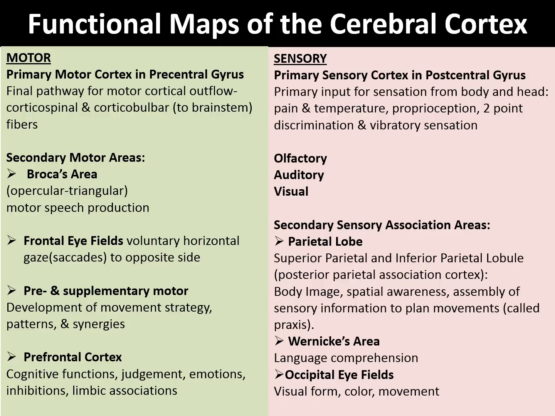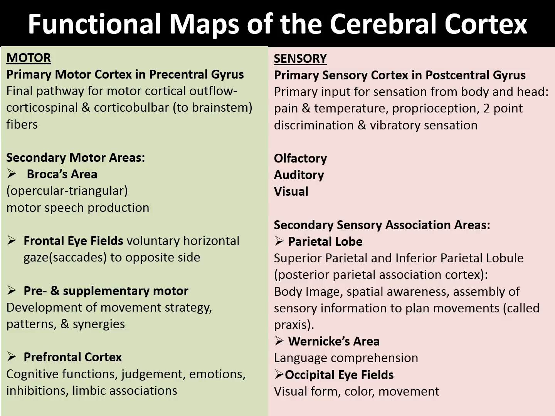A major other subcategory that is mapped over the brain is the various sensory functions. Primary sensory cortex, which we've already talked about, handles somatosensory information for position, as well as pain, temperature, and vibration. And then olfactory, auditory, and visual information.